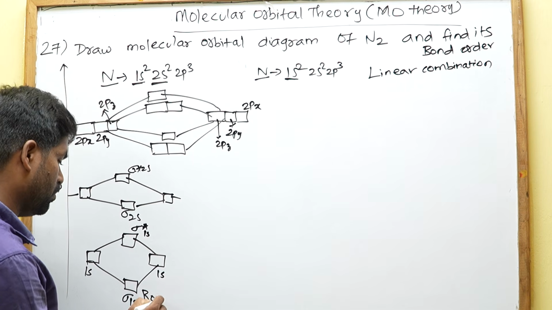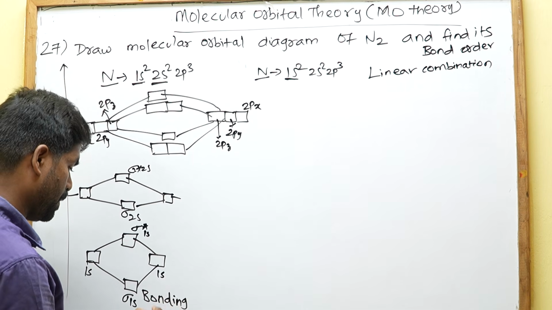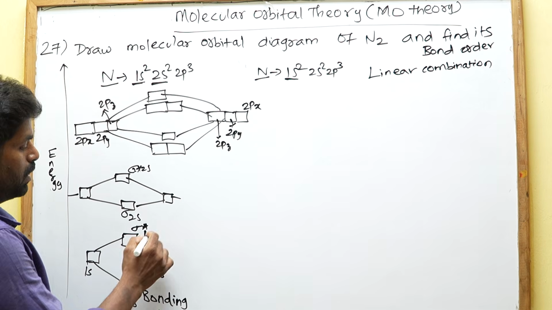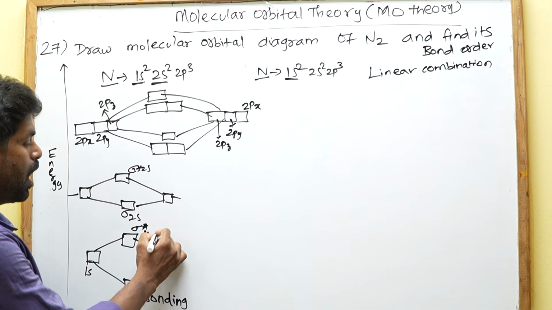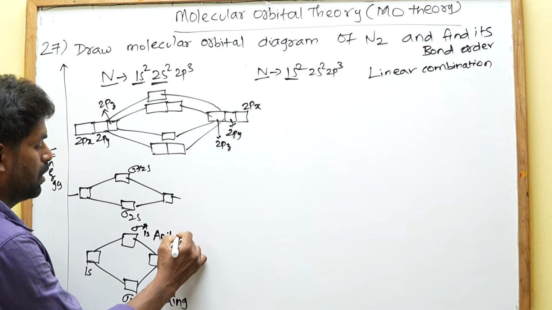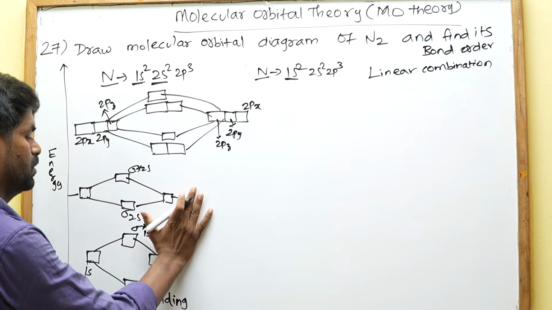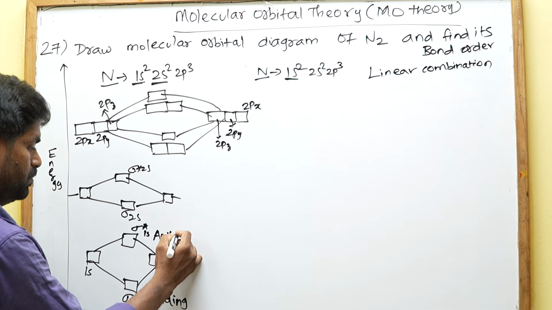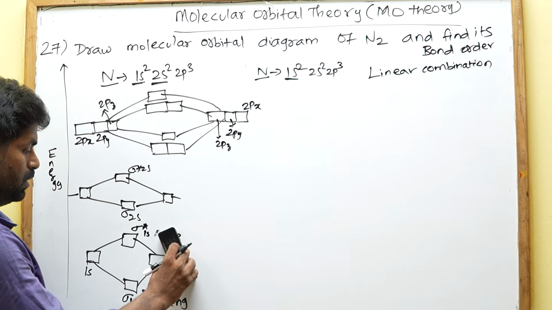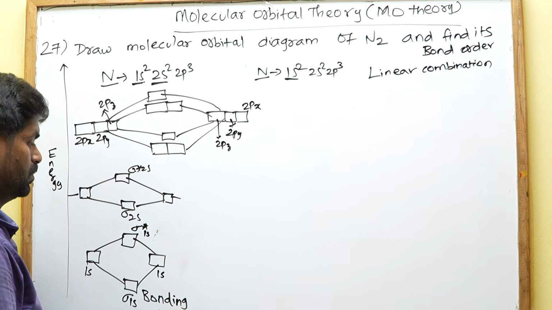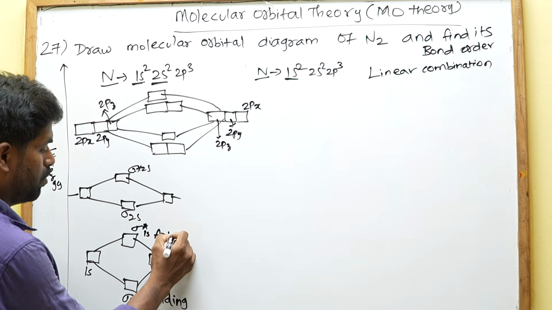Let me write bonding molecular orbitals. And the higher energy orbitals are called anti-bonding molecular orbitals.